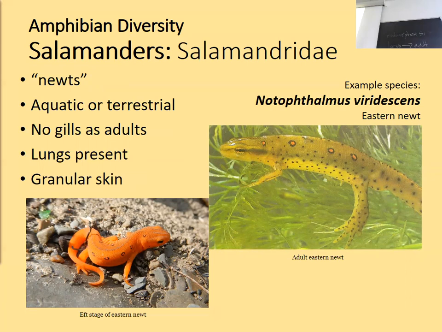These guys have this really interesting life history where they actually start off as aquatic larvae, and then they transition and become these really brightly colored, what's called red efts, and they're completely terrestrial. And then as sexually mature adults, they go back and live in the water and mate in the water. So they have this 3-part life history where they're aquatic, terrestrial, and then aquatic again.